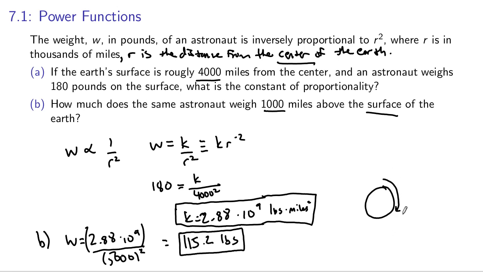If you're in the water and you offset the force of gravity pulling you down with the force of buoyancy, you essentially float, and there's no force on you, which is essentially what happens when you're in free fall in Earth's orbit. Now, if you were actually resting on something resting on the Earth that was 1,000 miles up, then you would weigh 115.2 pounds.